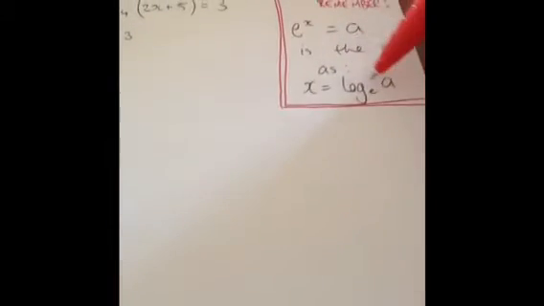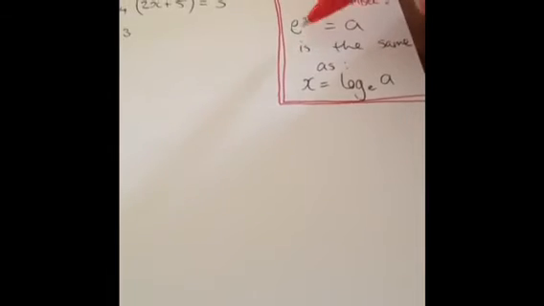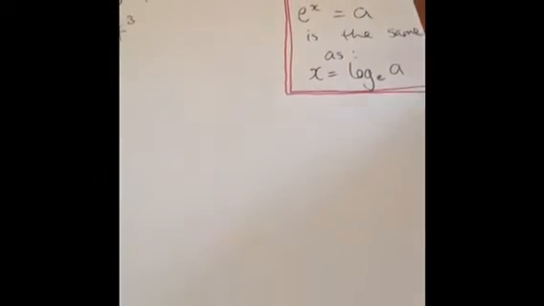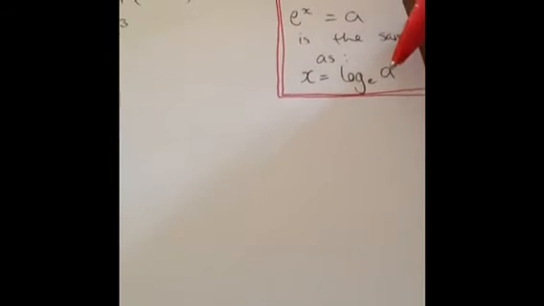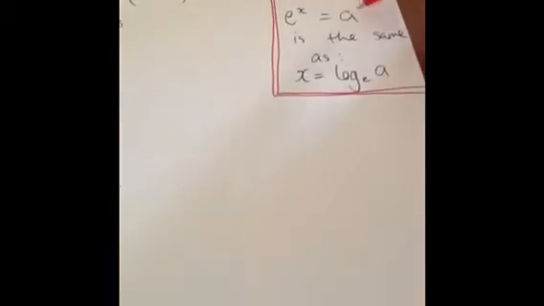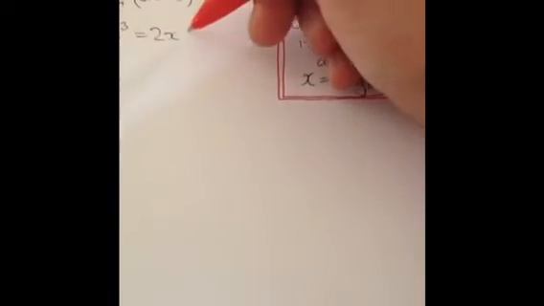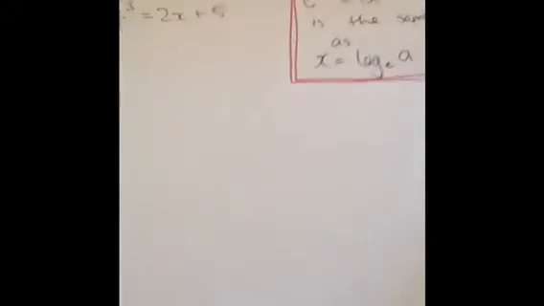Now the base of the logarithm, which in this case is 4, is the base of the index, so 4 to the power of 3, and a is 2x plus 5 in this example, so that goes to the other side of the equation, like so.